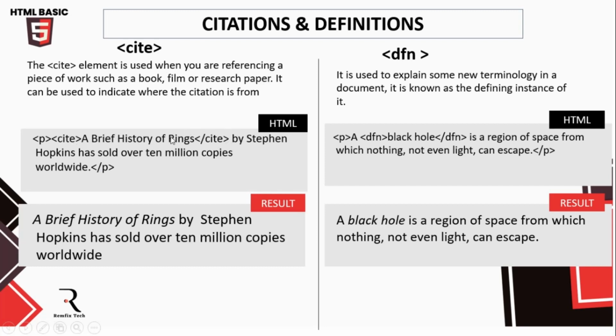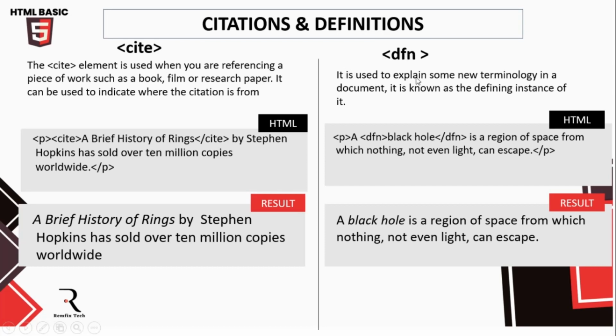Now I say a brief history of rings. If you observe the result, A Brief History of Rings is in italics, showing that it has been cited, and we use this for our research materials, books, films, quotes. We also have another tag called definitions, represented with DFN.